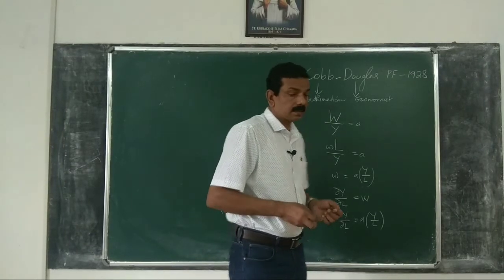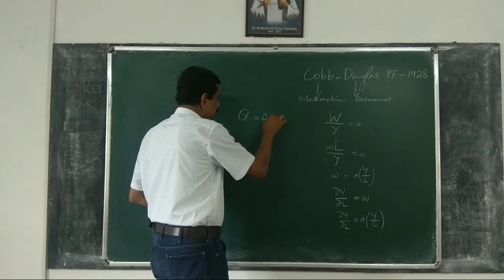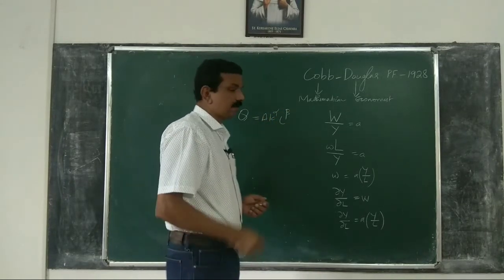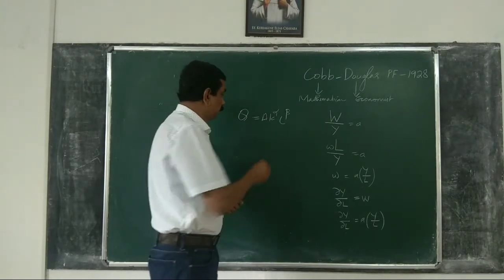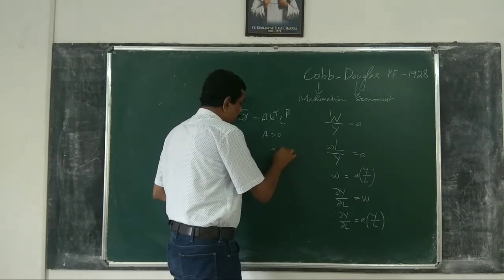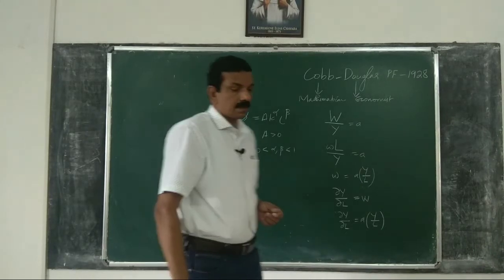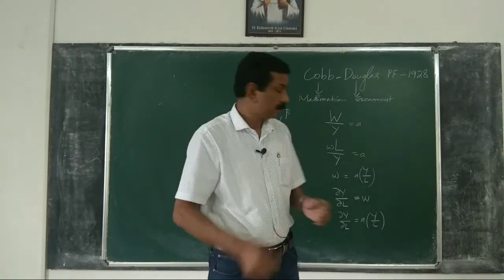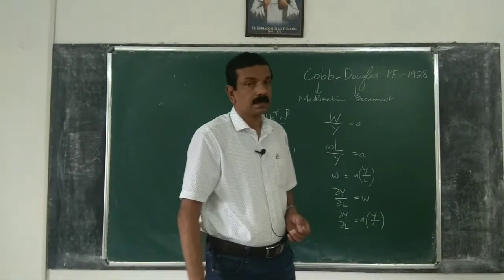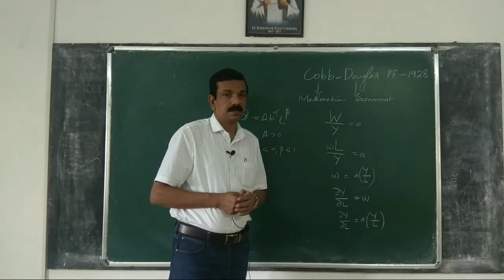And Douglas suggested that a production function of the form Q is equal to A K raised to alpha L raised to beta, where A is greater than 0, alpha and beta between 0 and 1 satisfy this condition. And this is the celebrated Cobb Douglas production function.